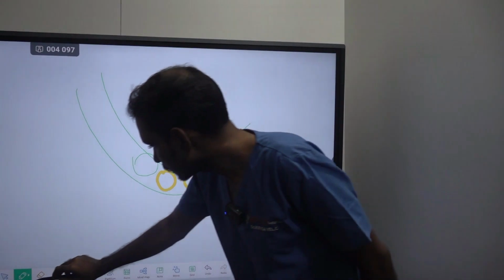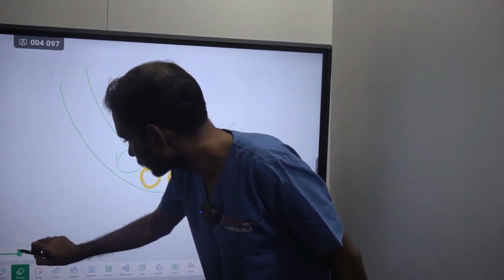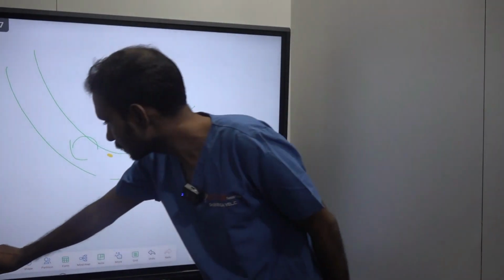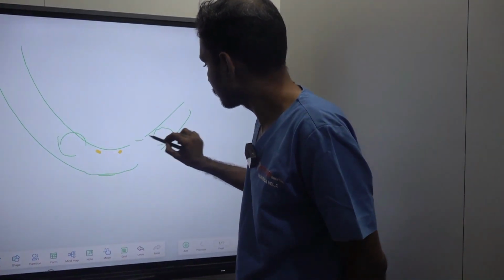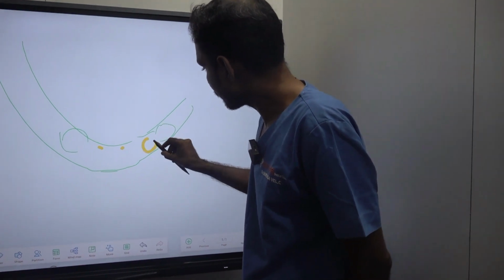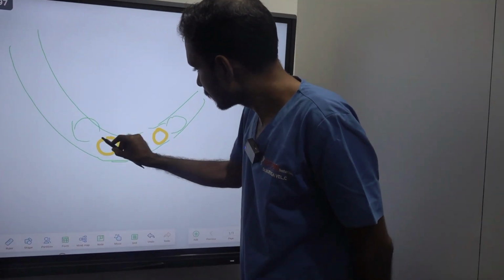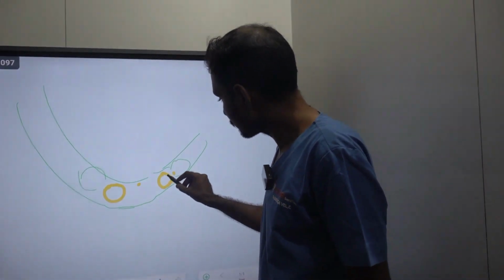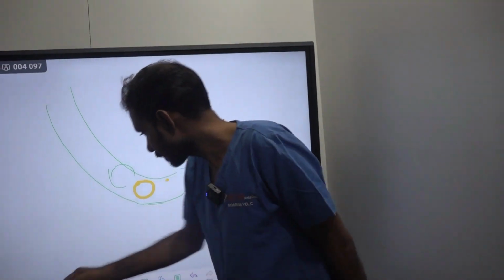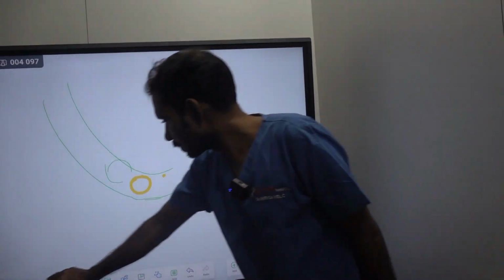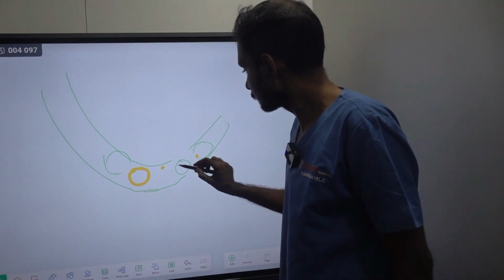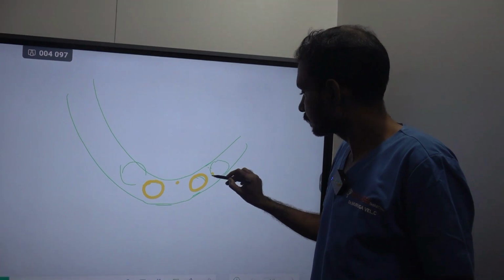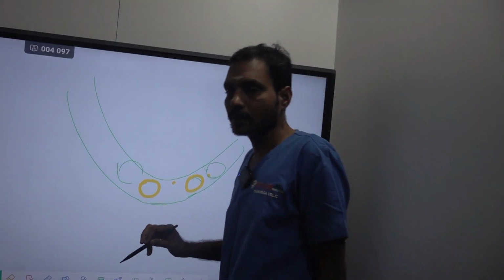So what you have to do is, another plan is, place a smaller diameter implant like this. This is enough. So the implant is enough. Okay, a little away from the adjacent tooth. This will be a correct plan.